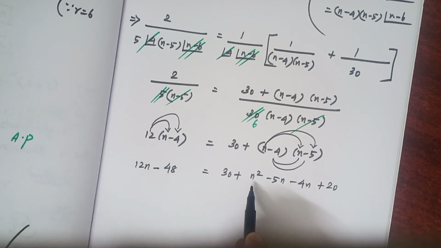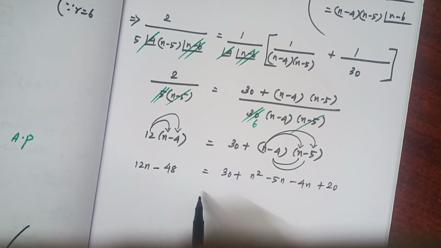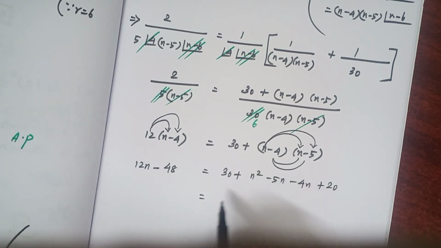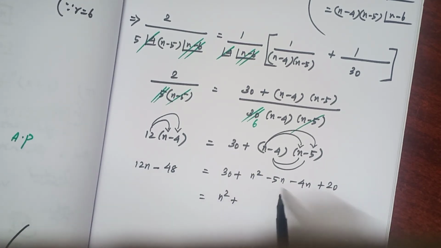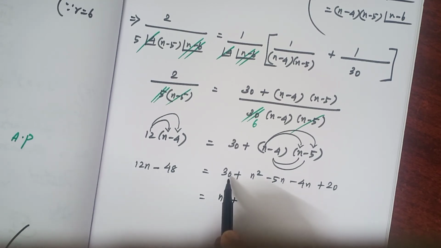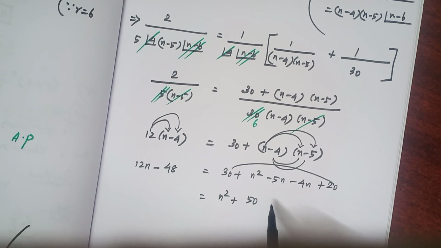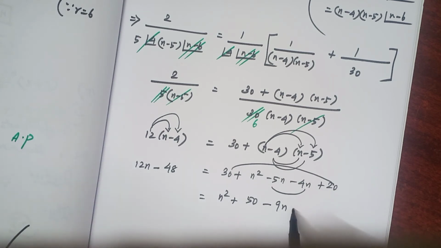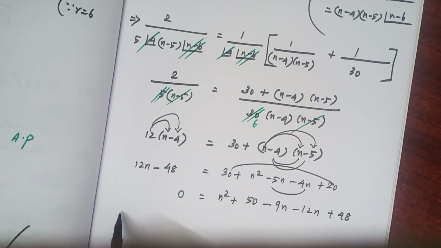So we have n square, there is a plus n square in the right hand side, so all left hand side terms are to be taken to the right hand side. First write n square, then 30 plus 20, that is 50, minus 5n minus 4n, that is equal to minus 9n, plus 12n comes to the right hand side, minus 12n, and minus 48 comes to the right hand side, plus 48, and nothing in the left hand side, you have to put 0.